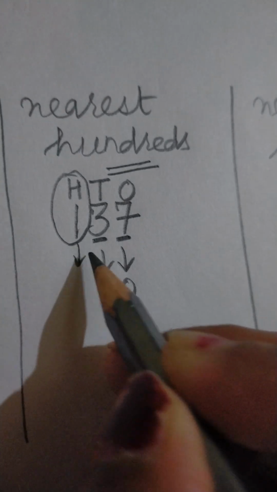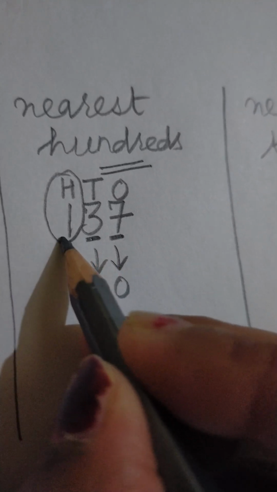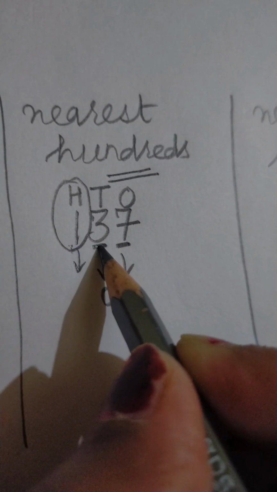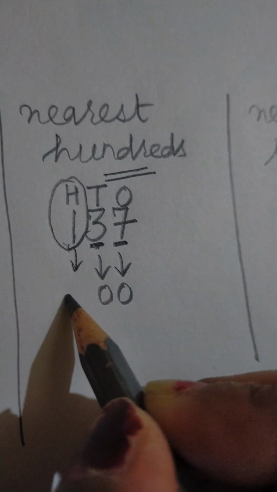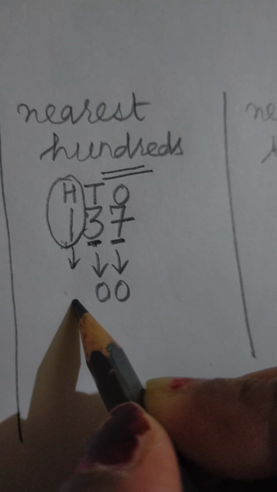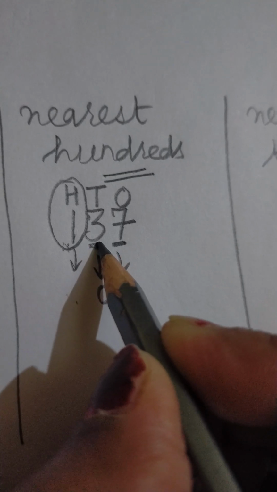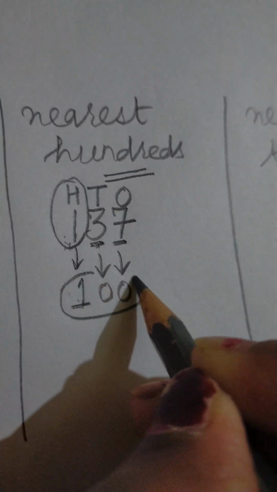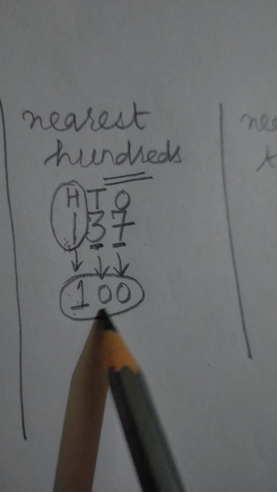We will write the hundreds place digit by observing the tens place. If the tens place digit is 5 or more than 5, the hundreds digit will become next. If it is less than 5, the hundreds digit will be written as it is. Here the tens place digit is less than 5, so the hundreds digit is written as it is. So 137 rounded off is 100.